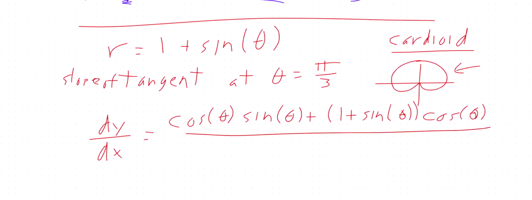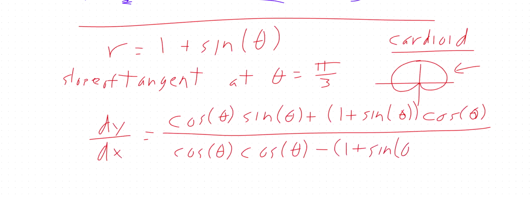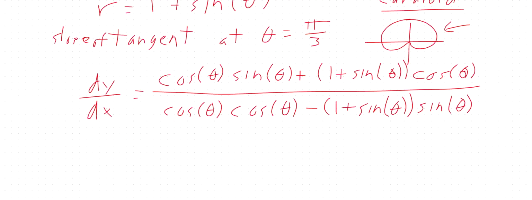On the bottom, the derivative of r, cosine, times cosine, minus r times sine. So let's do some distribution and combining.